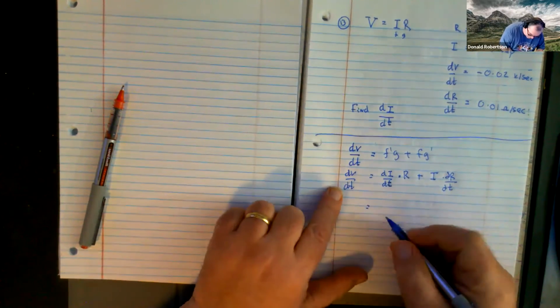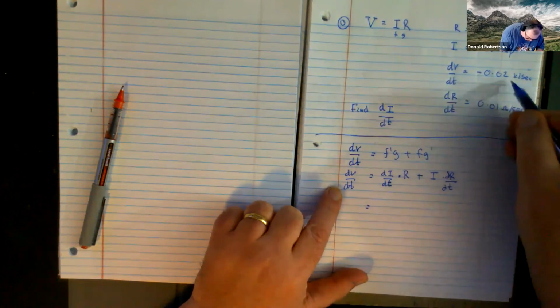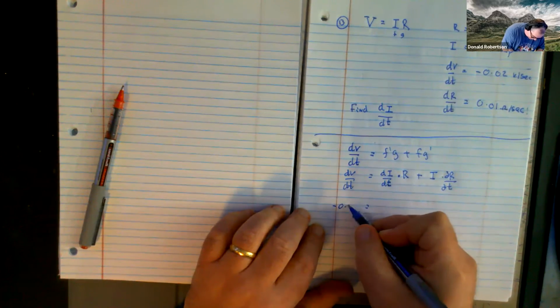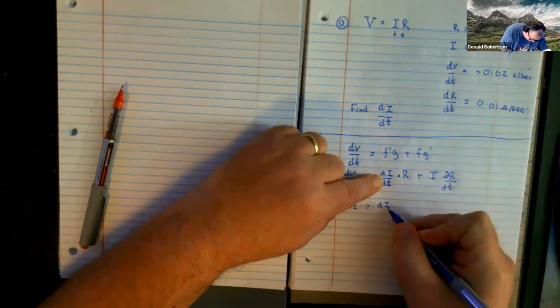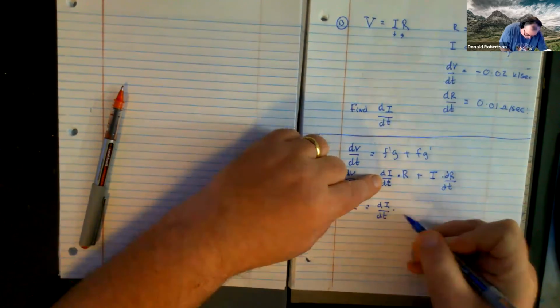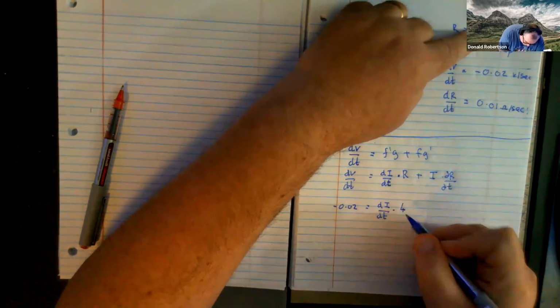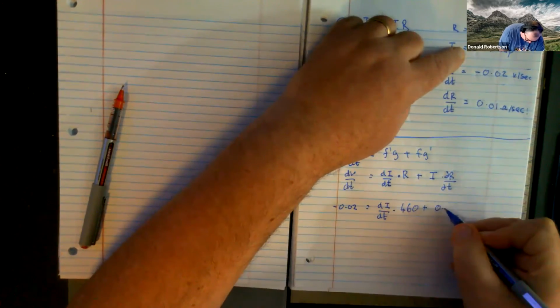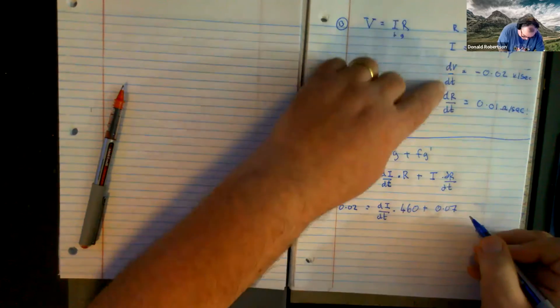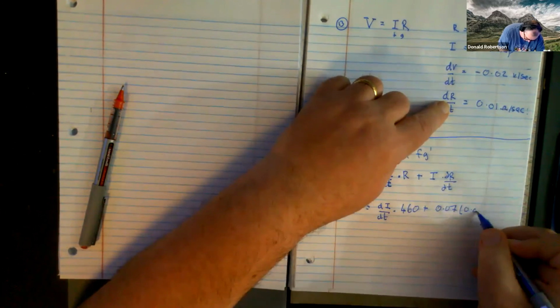Right. Now, I know this guy because they told me it's negative 0.02. I don't know that guy, but I'm going to find out what it is, so I'll write that down. The resistance was 460. The current was 0.07. And this guy was 0.01.